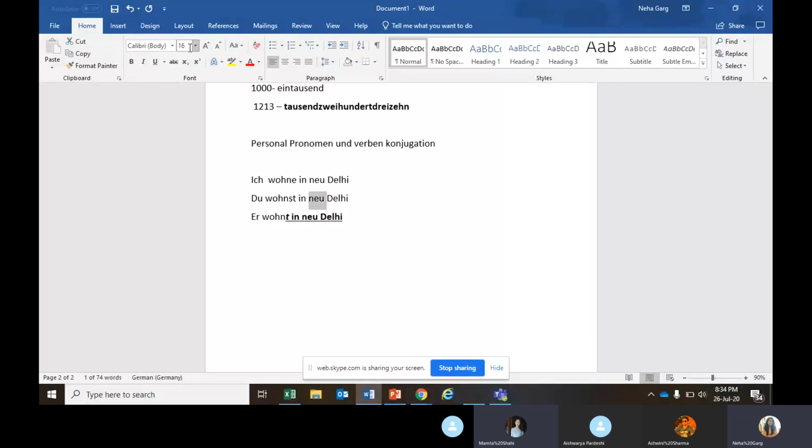Third person singular form, so it would be conjugated like this. Similarly, if I'm talking about my sister-in-law, here it would be a small s. Sie wohnt in Neu Delhi. Similarly, it would be for es. Correct?